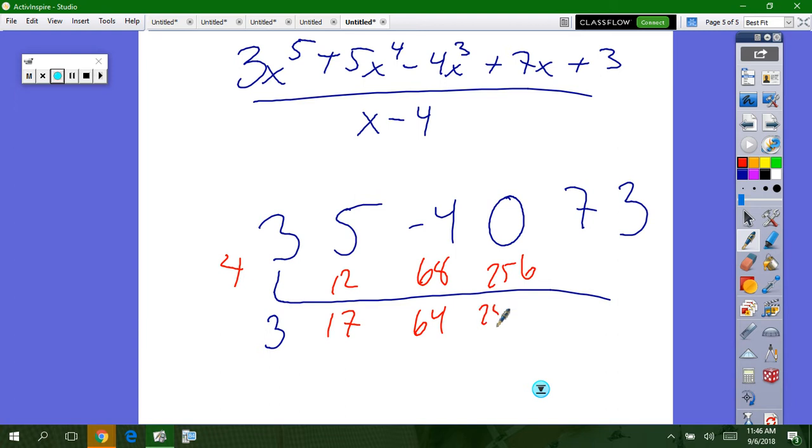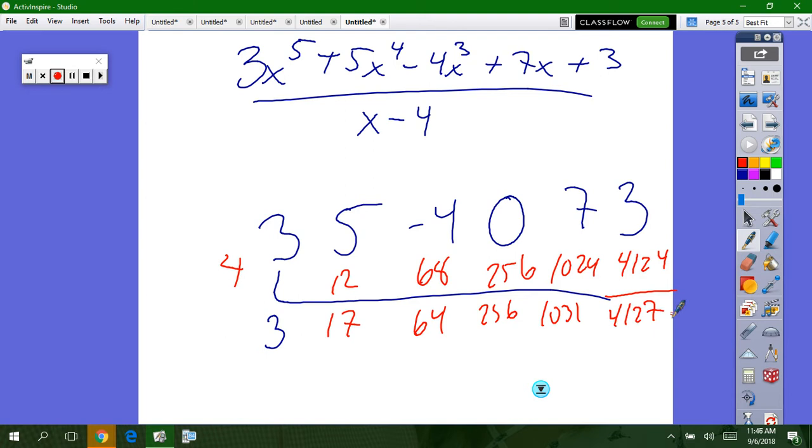That's 256. That's 1,024. 1,031. That's 4,124, I want to say. Am I right in that? And then 4,127 would be my remainder.